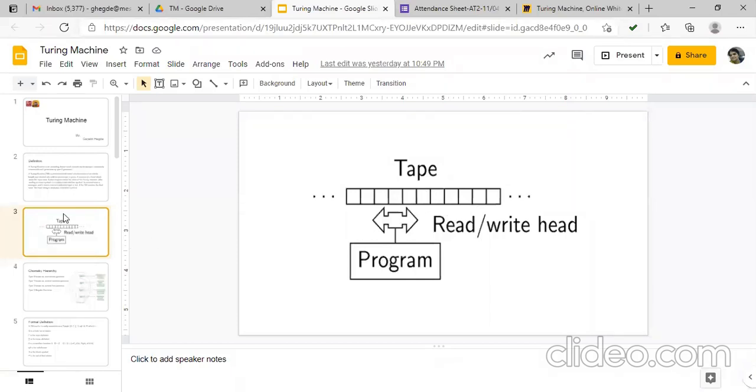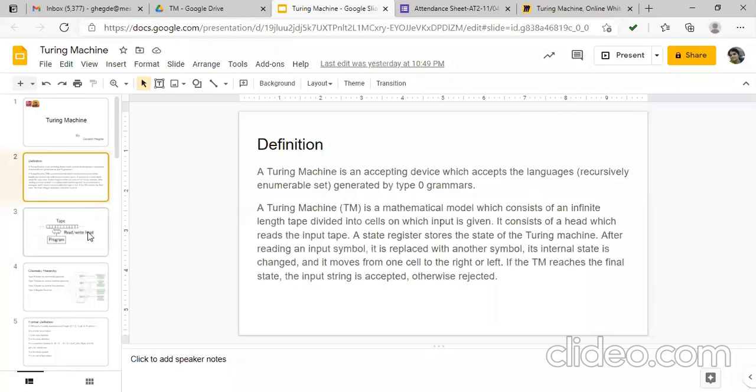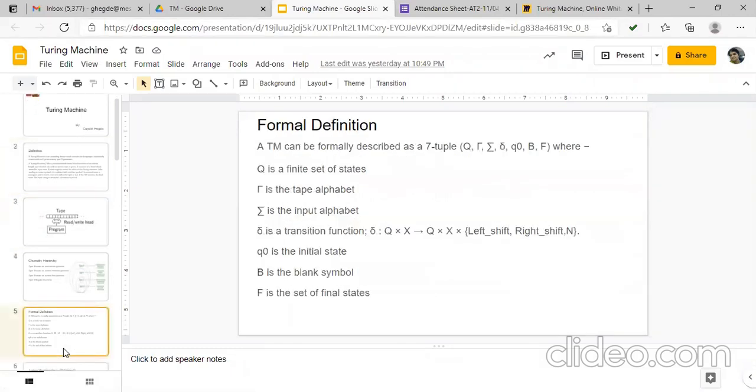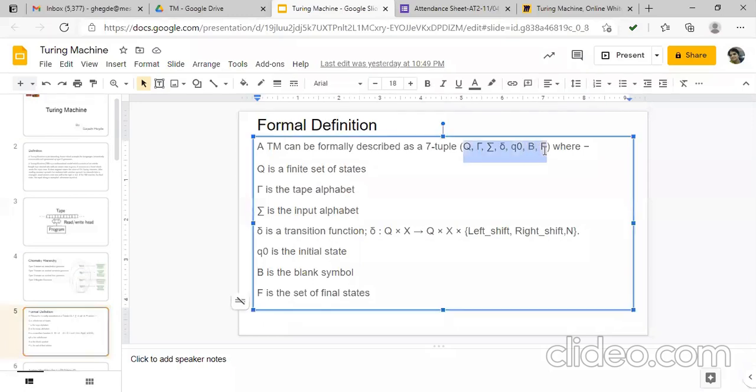Okay, with this small introduction to Turing machine, we'll move on to the formal definition of Turing machine. Coming to the formal definition, it is the same as your PDA. Q is our set of states, summation is input, Q0 is the start state, F is the final state.